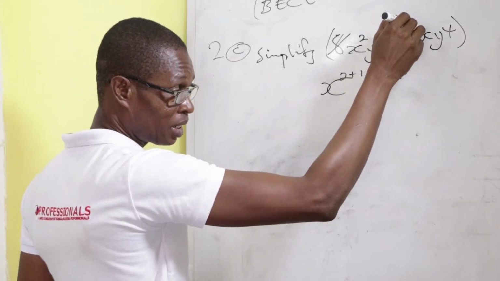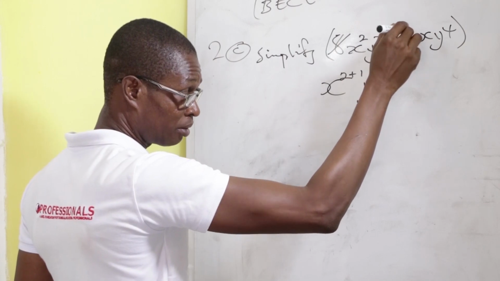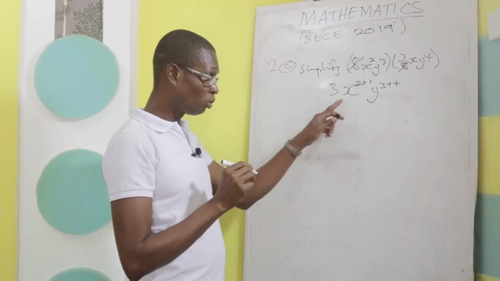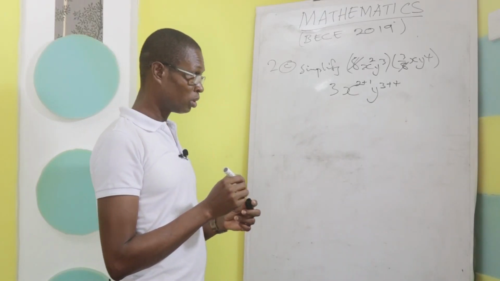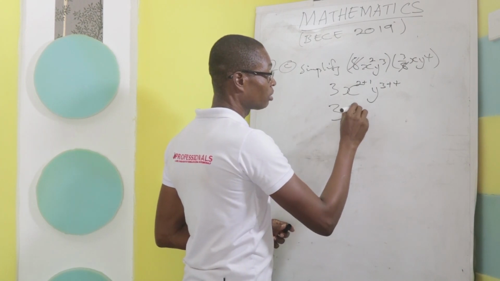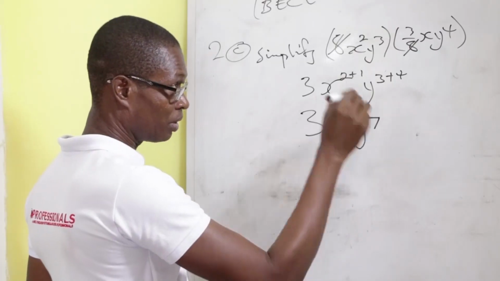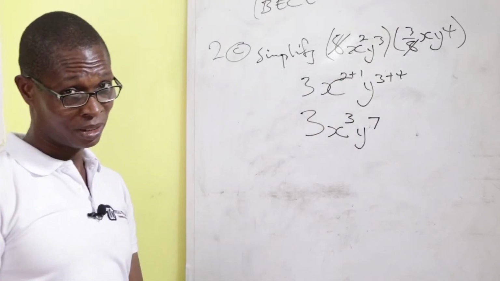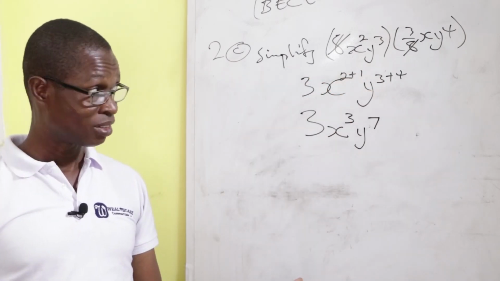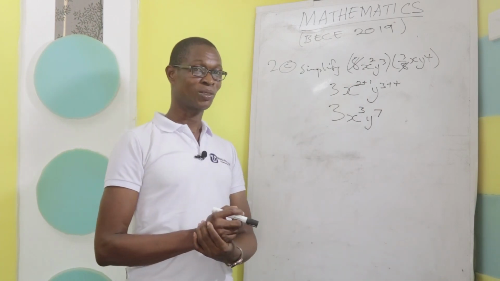You have a 3 there, remember. You have a 3 whole number here. So bring that 3 whole number down as you join the variables. What do you have then? 3x cubed and y to the power 7. It's that simple. Properties of indices. We're done. Period. Let's go to the next question.